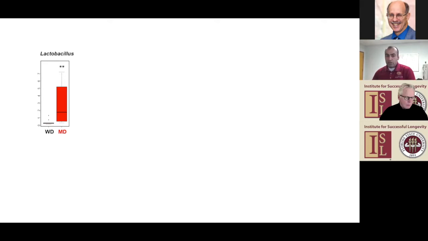One of them is lactobacillus, which was significantly increased following the consumption of a Mediterranean style diet. And this lactobacillus has been considered a very healthy member of our gut biome. Most of the probiotic strains available in the market actually belong to the lactobacillus genus. So there was clearly an increased expansion of lactobacilli in the gut of these monkeys following the Mediterranean diet.